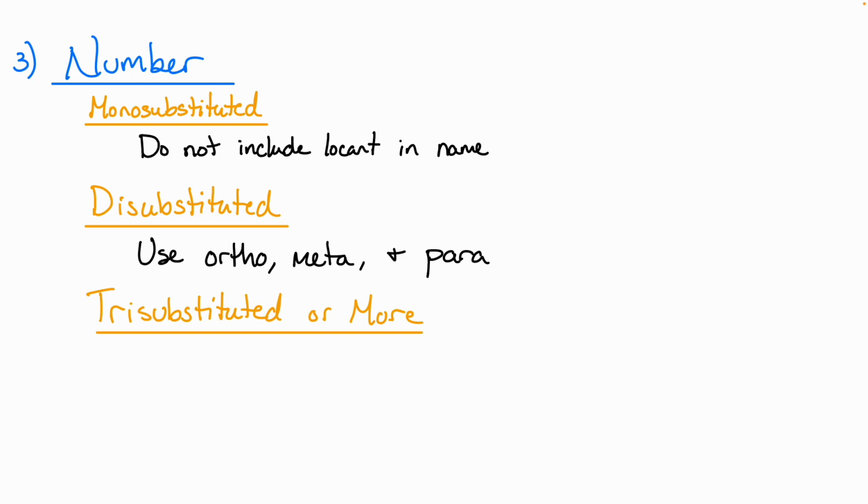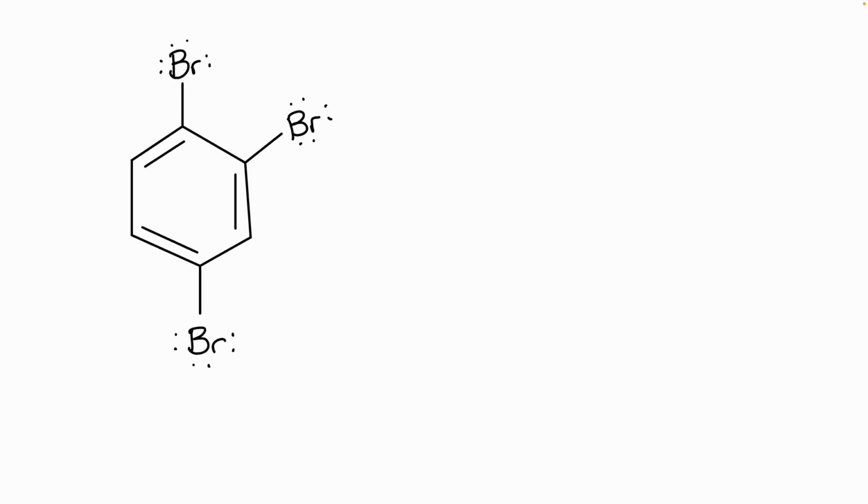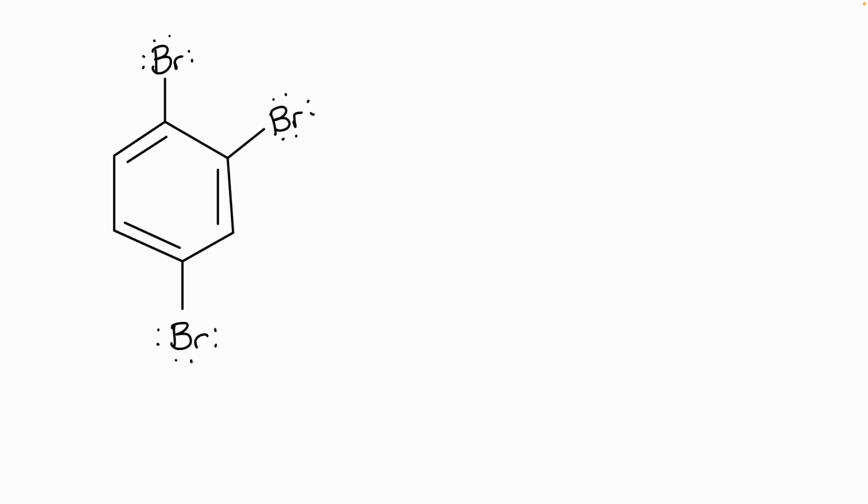Right, well, let's look at an example. Let's instead say, instead of 2 bromines, we're going to stick 3 of them on this ring. Okay, would these be ortho, meta, or para to one another?